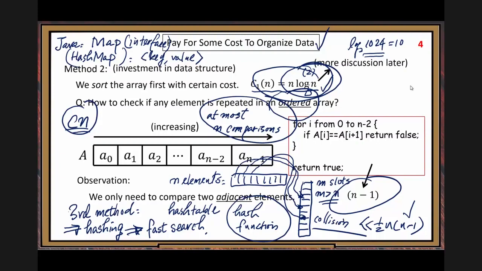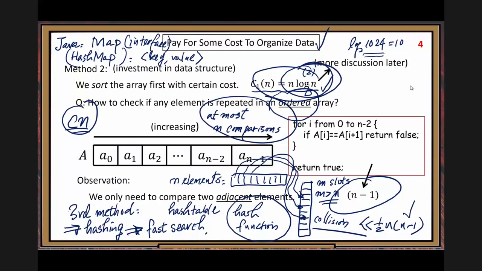All right, so that's this example. Definitely at this point, you may not have a very good understanding because we haven't learned the hashing technique. So don't worry. Here, I just want to make the point.